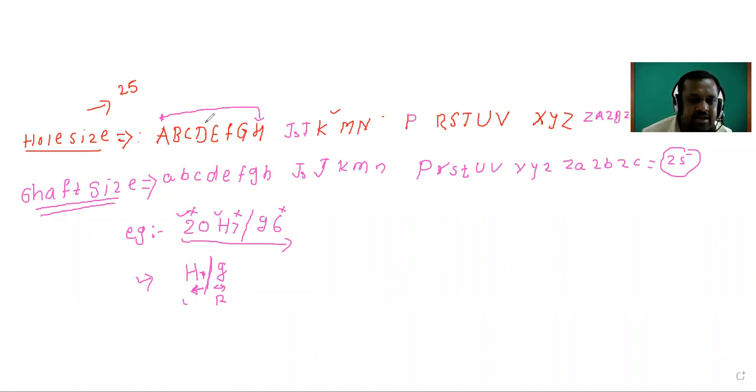If there is a capital letter between A to H, then to identify the fit we have to move toward the G.